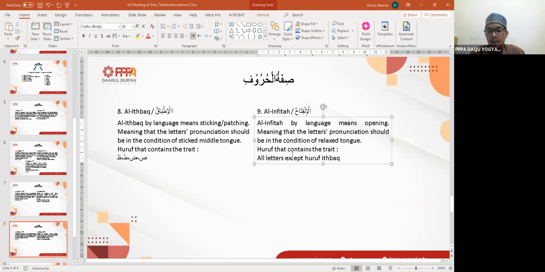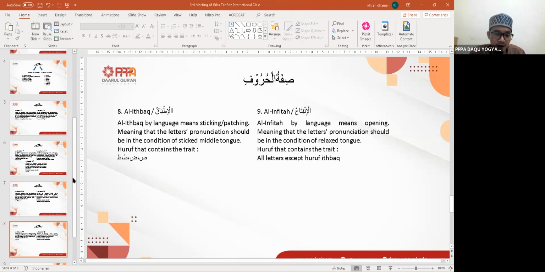So for example, fa, ka, ba. You don't have to stick your tongue to your palate. You're even forbidden to do that. Okay.